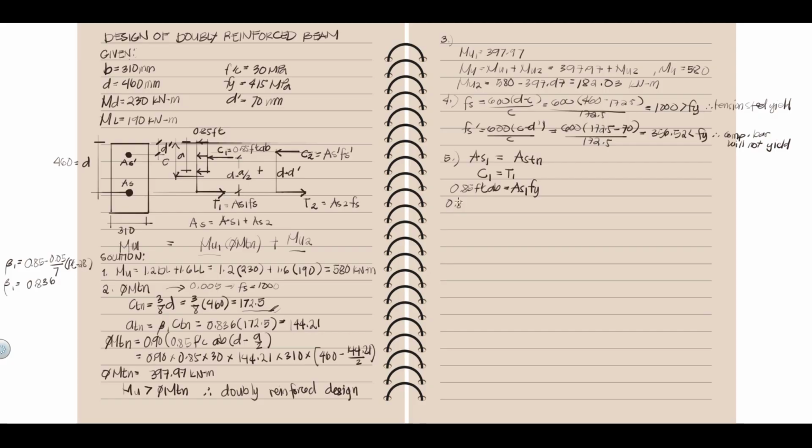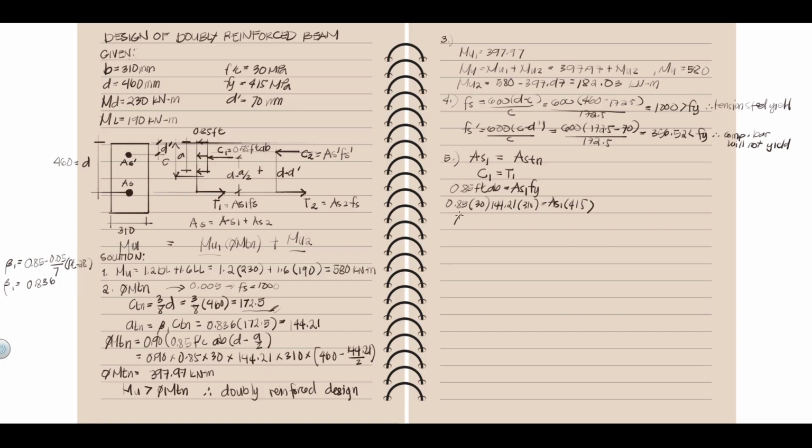Okay, so 0.85 F prime C is 30, AB. So, ang A na gagamitin natin dito as per the first diagram is the ATN. Okay, so that is 144.21 times 300 for the mid is equal to AS1. Yan yung unknown natin. Times Fy 415 po. Okay.